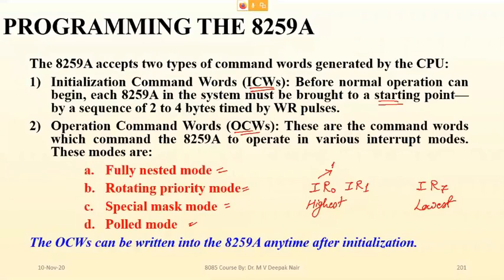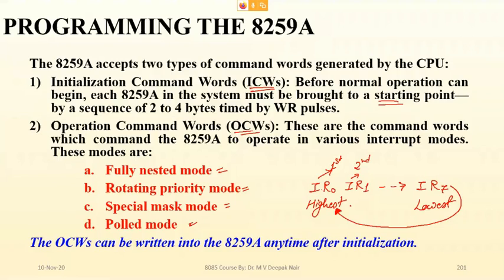So this is the first interrupt to be served and this is the second interrupt to be served. So basically we are rotating this one, then this one, and it is going like this. And after IR7 you can again go for IR0. This is rotating priority mode.